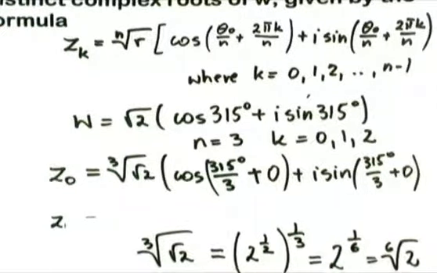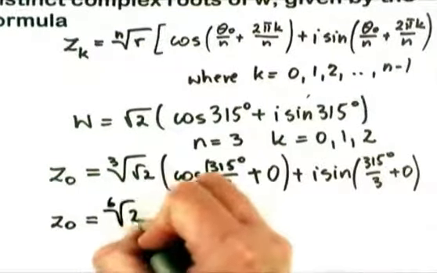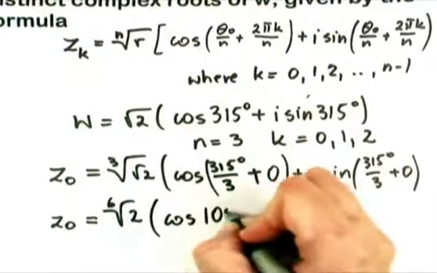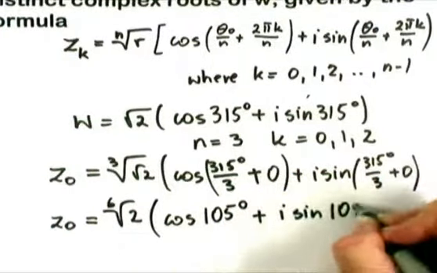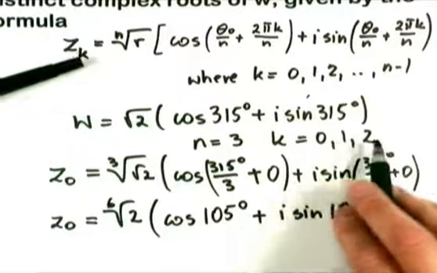Okay, so now we have the sixth root of 2 times cos, and we can divide 315 by 3, which is 105, plus i sine 105. That's my first root. Now we need to find the second, z1 and z2.